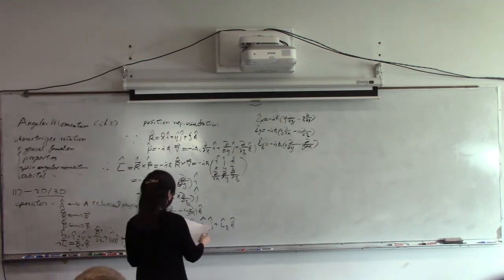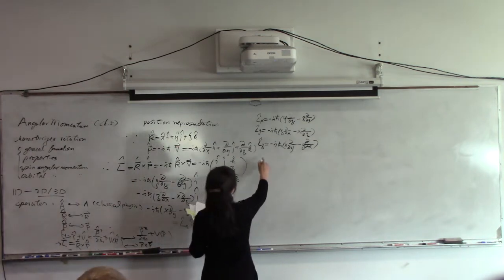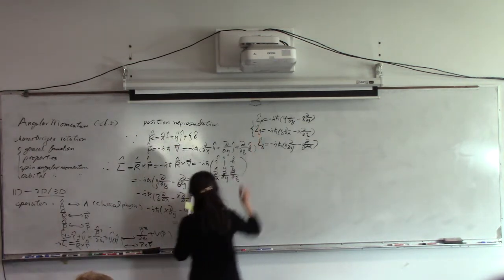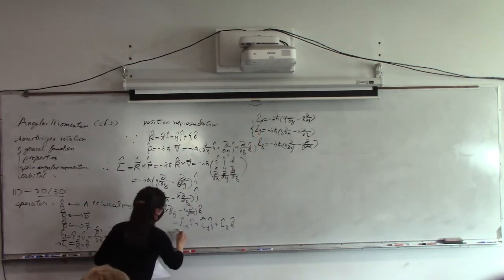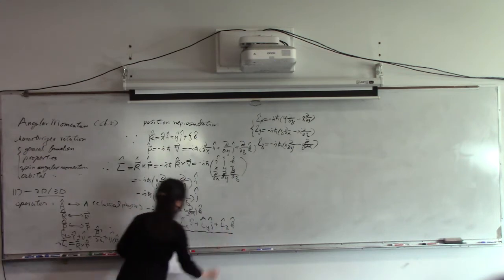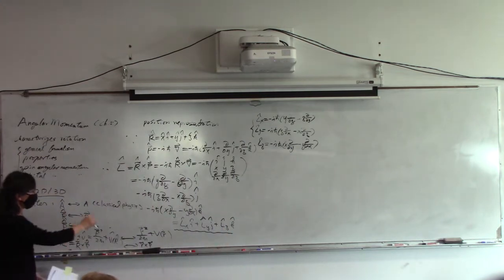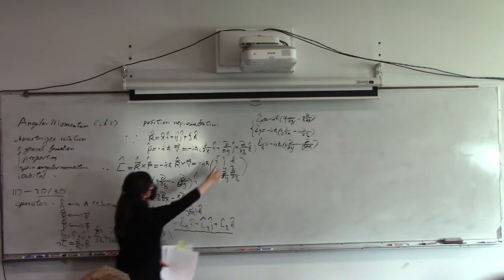So first, we have components, and we can write the orbital angular momentum in terms of these components, each component operator defined here.